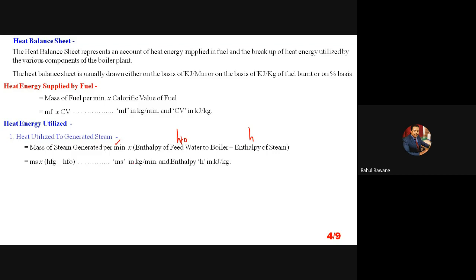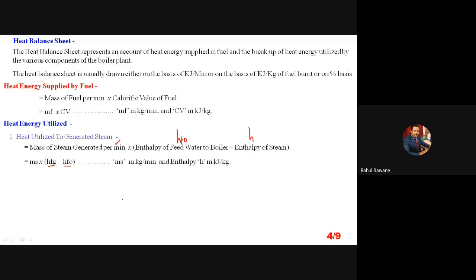No doubt, the enthalpy of steam has a higher value than the enthalpy of the feed water, and it is denoted by HFG. Why HFG? H is the enthalpy, F for fluid, and G for gas.